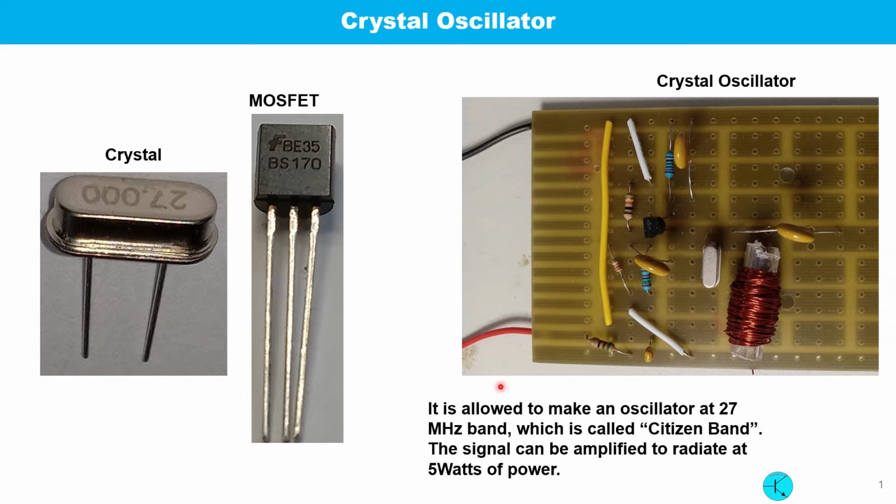One can transmit up to 4 watts of signal power. In this video, I would like to show how you can make an oscillator circuit using a 27 megahertz quartz crystal and few other components like a MOSFET and other resistors and capacitors. I am using a crystal to ensure that the circuit will not oscillate at any other frequencies which is not allowed.